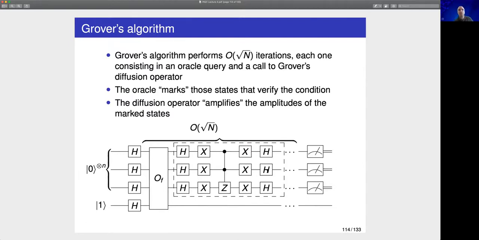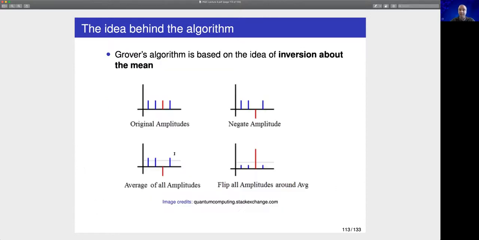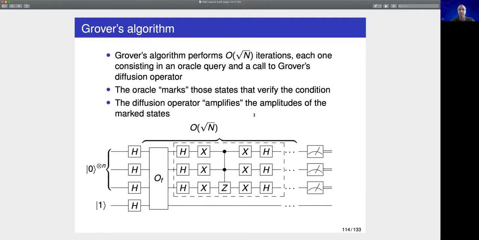In the quantum case, we use this circuit here, which is somehow similar to the one that we used for the Deutsch-Jozsa algorithm, because in fact this part here of negating the amplitude is exactly what we did in the Deutsch-Jozsa algorithm. We just introduce this -1 phase. So the first part is the same. At this point, we are introducing this negation of the amplitudes of the element or elements that we want to find.